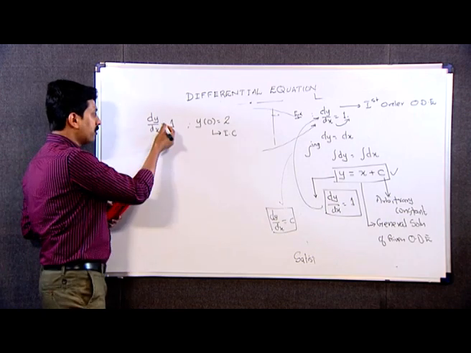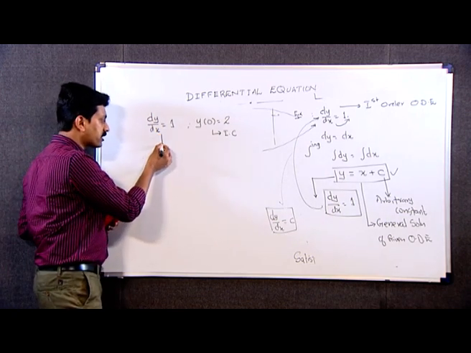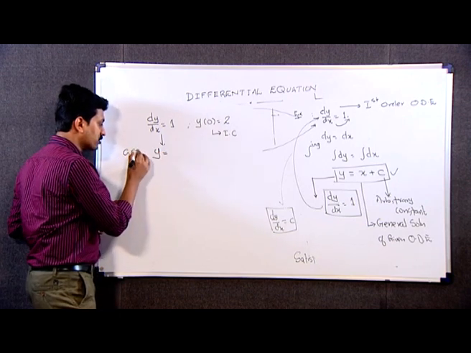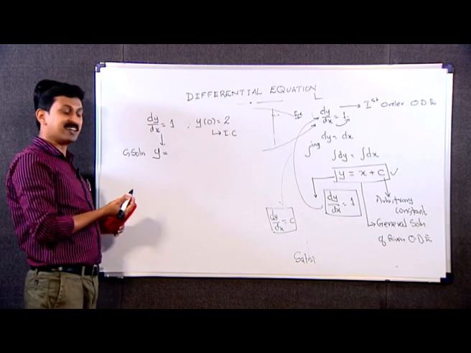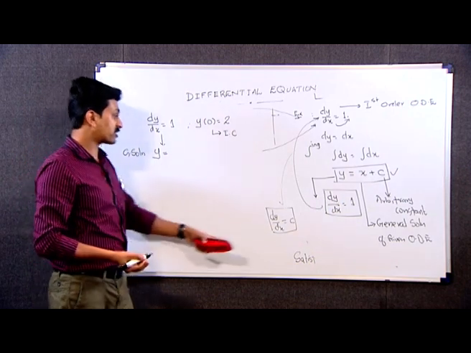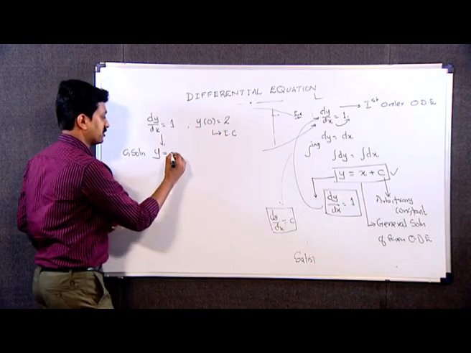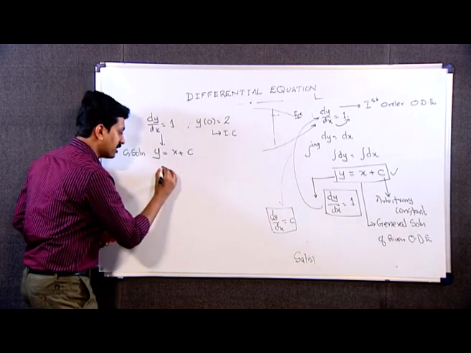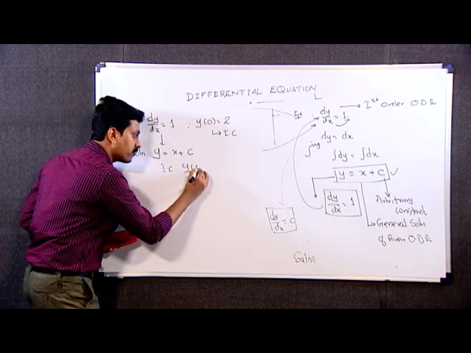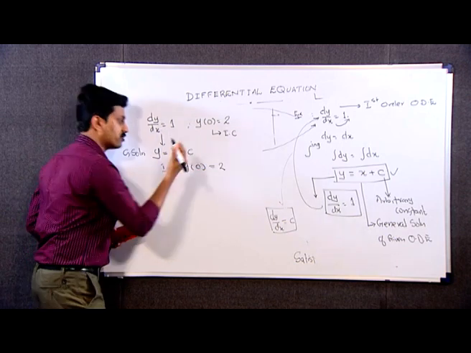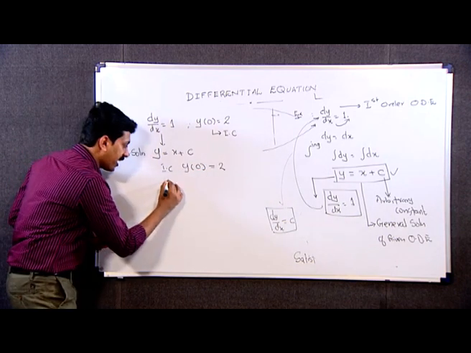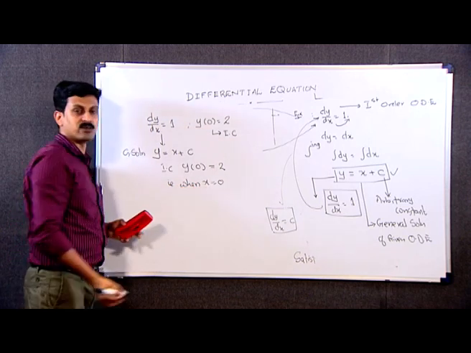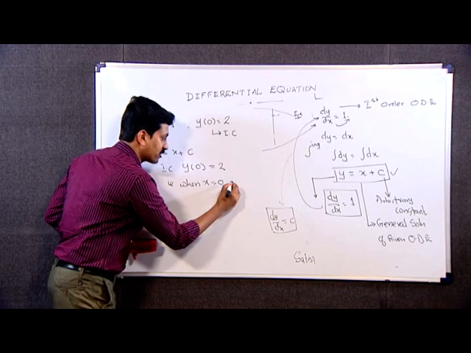While solving this differential equation, we will get the general solution, which is y is equal to x plus c. And we have been given an initial condition, y of 0 equal to 2. That is, when x is equal to 0, the value of y is equal to 2.